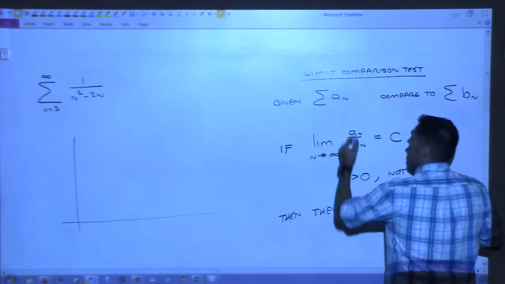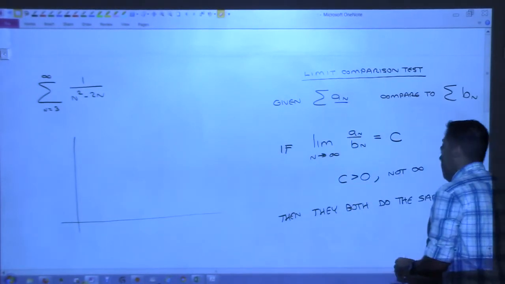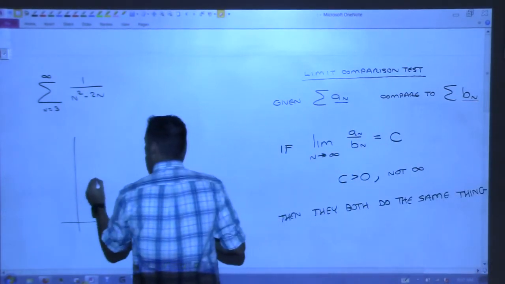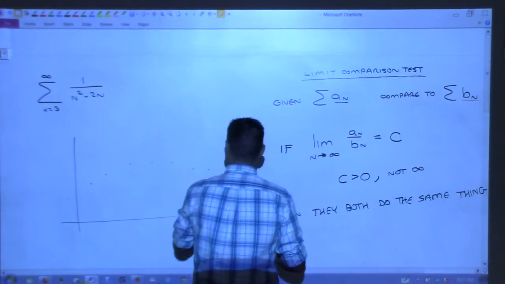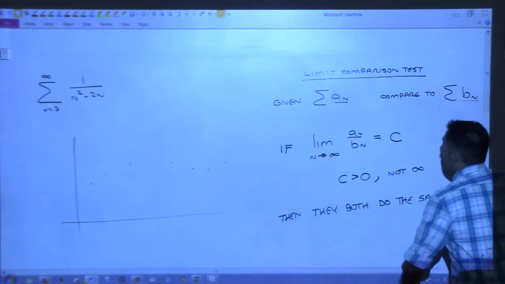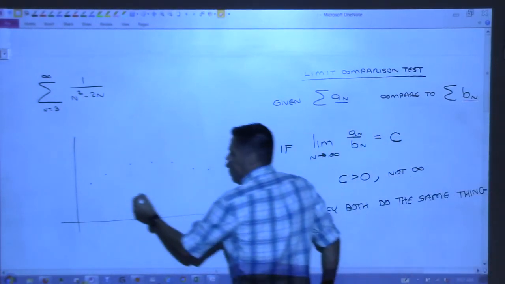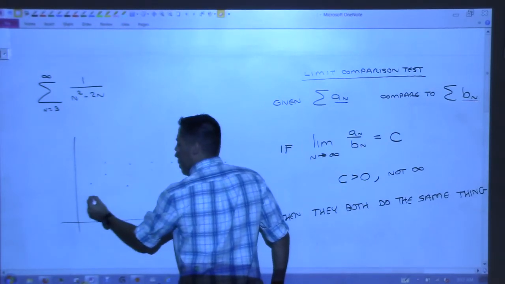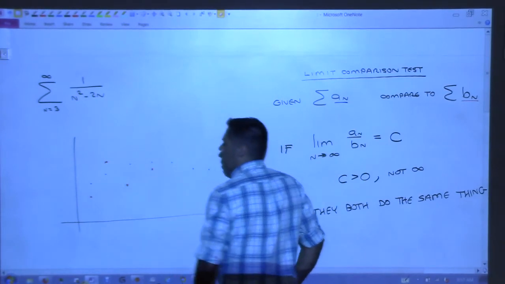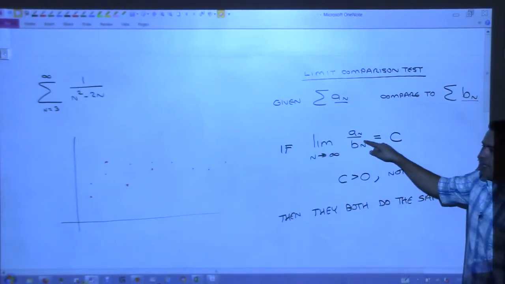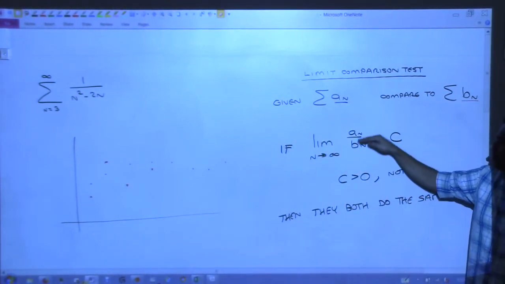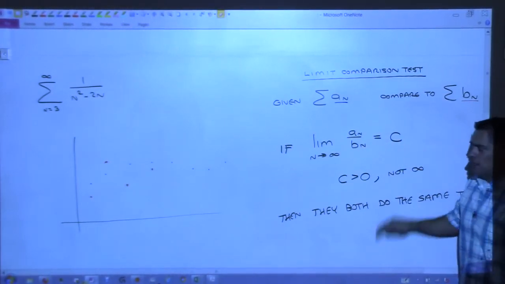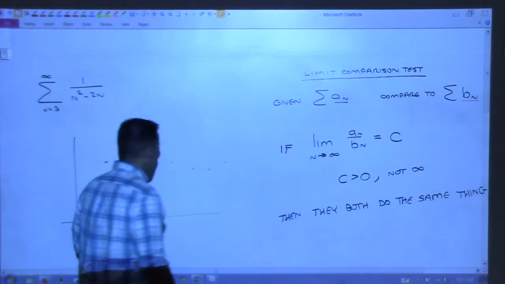I'll do my best. Let's say this is a sub n and b sub n, and we're going to take a look at their ratio. So a sub n is some sequence of numbers out here, and b sub n is some other sequence. But what if, as I go out to infinity, the ratio of those terms is constant? What does that mean? Let's go out here.